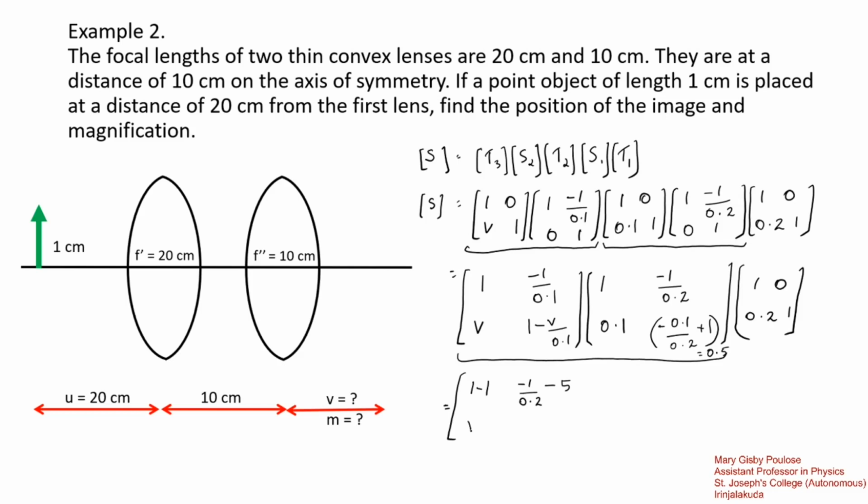Then V plus 0.1 minus V, and the next term minus V by 0.2 plus 0.5 minus V into 0.5 by 0.1, into matrix 1 0 0.2 1. Okay.